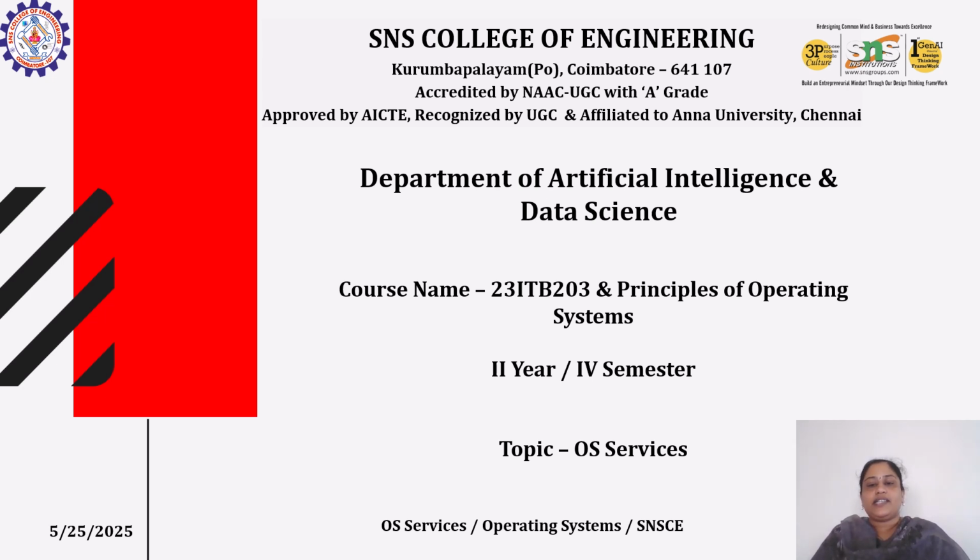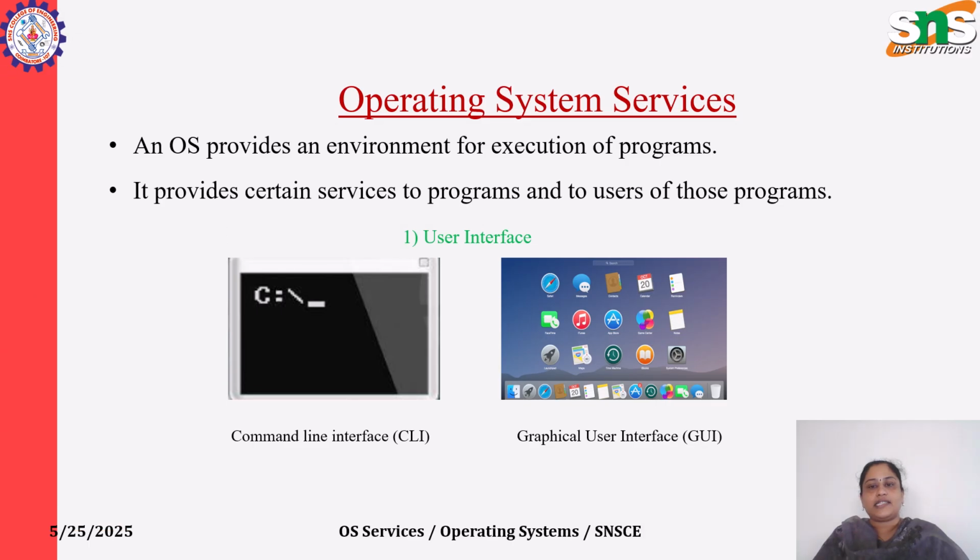Today we'll delve into the topic OS services. So, what are operating system services? We all know what an operating system is. An operating system acts as an intermediary between the user and the application program.